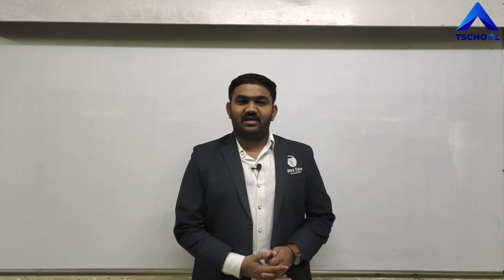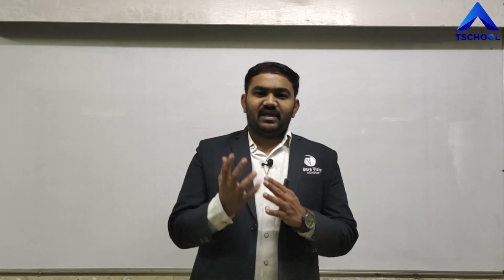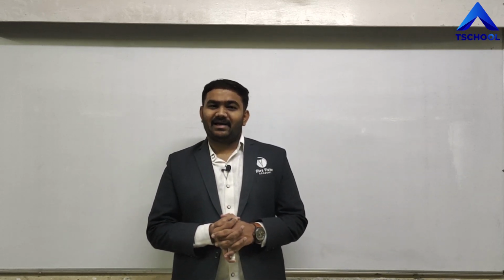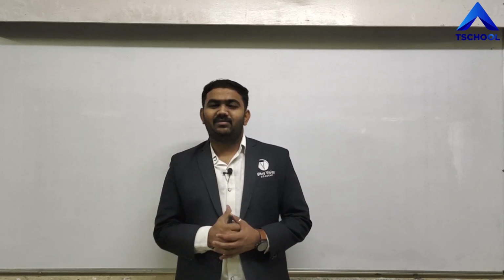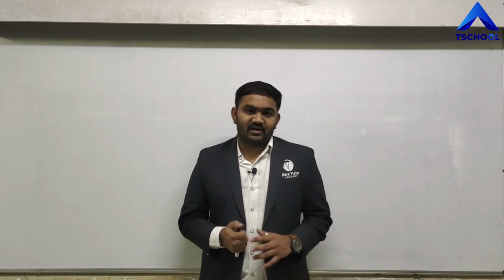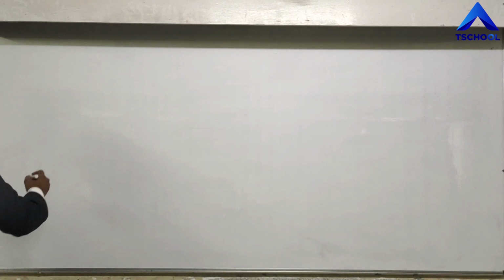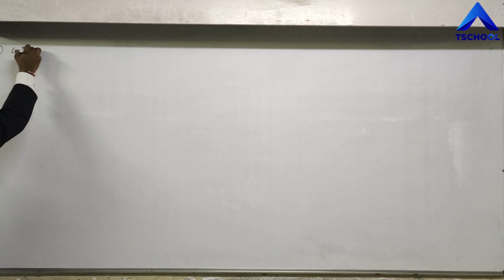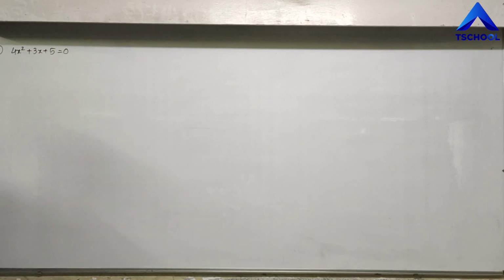Now when the mathematicians came across some questions, those questions were neither solved by the factorization method, nor could they be solved by the completing the square method. Then what to do? They were quadratic equations, right? Let me take an example here: 4x square plus 3x plus 5 equal to 0.